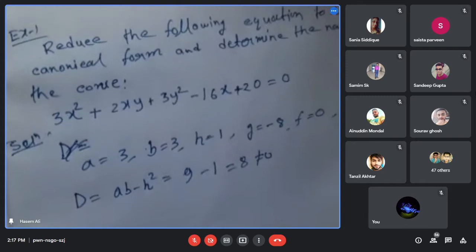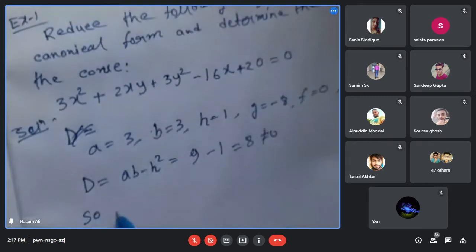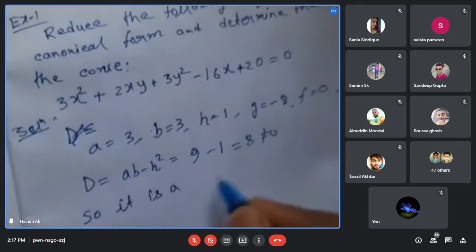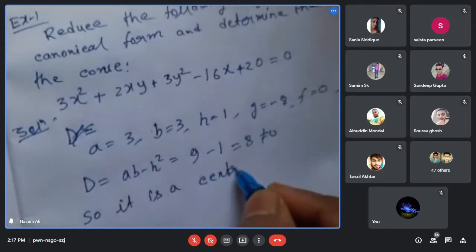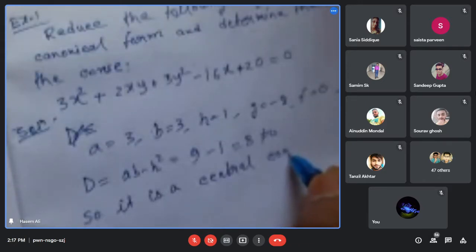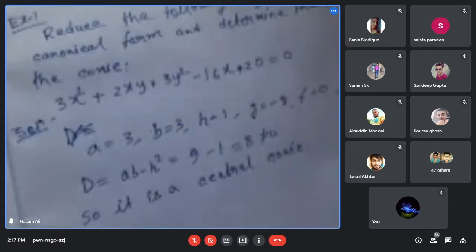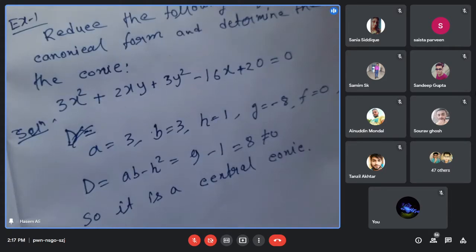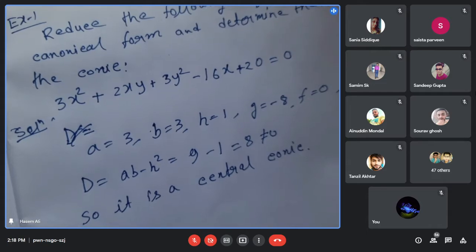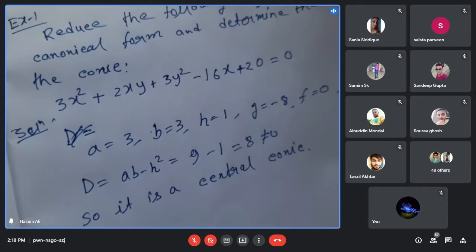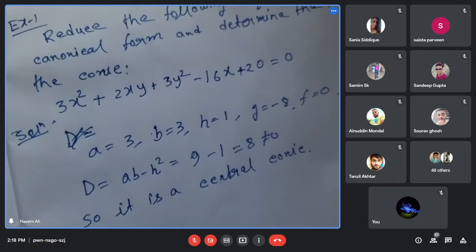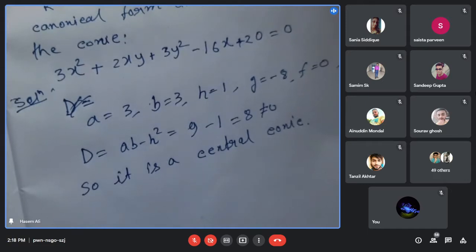So it is a central conic. So it may be circle, ellipse, hyperbola, or a pair of intersecting straight lines. Now we have to find out the center.